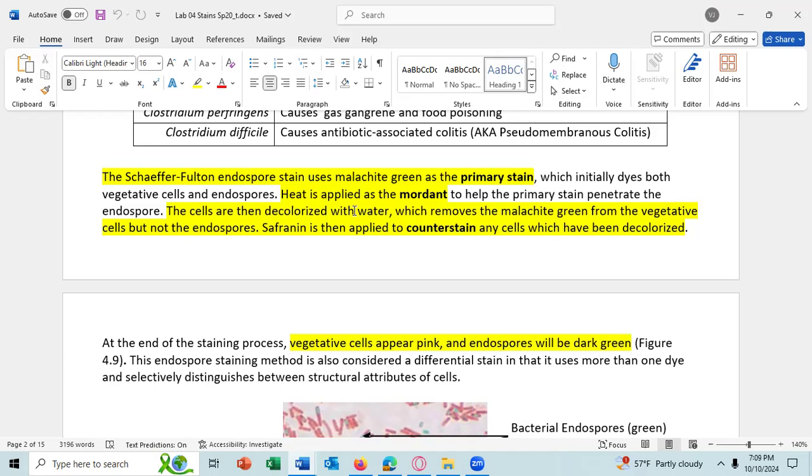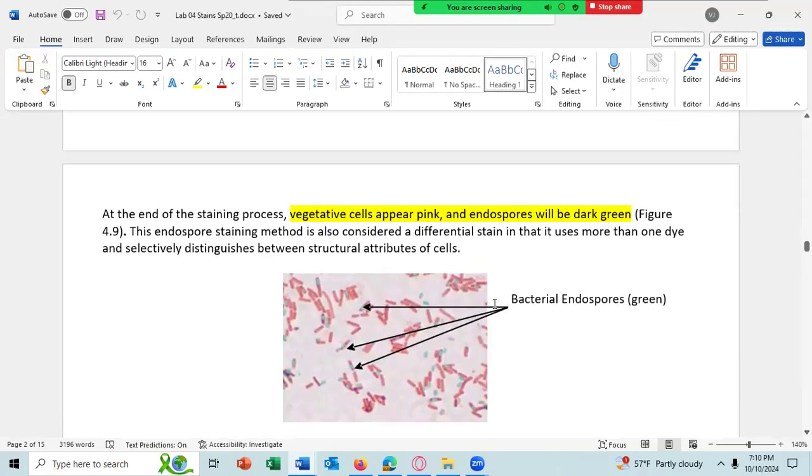The cells are then decolorized with water, which will remove the malachite green from the vegetative cells, meaning the parent cells, but water will not remove the malachite green from the endospores. Safranin is then applied as a counterstain to stain any of the cells which have been decolorized by the water. So the vegetative and parent cells will stain pink. The endospores will be a dark green.